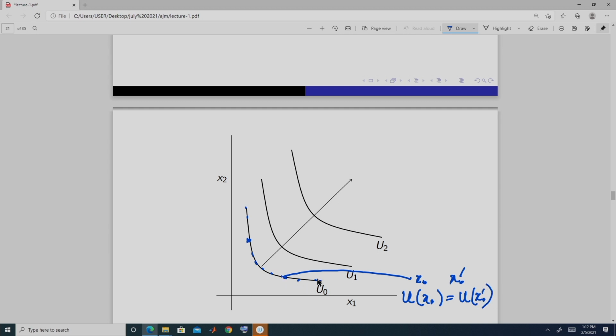Okay. So if we take good 1 on this axis, good 2 on this axis, and utility on this axis, then if this is one indifference curve, the height is going to be the same for each point.